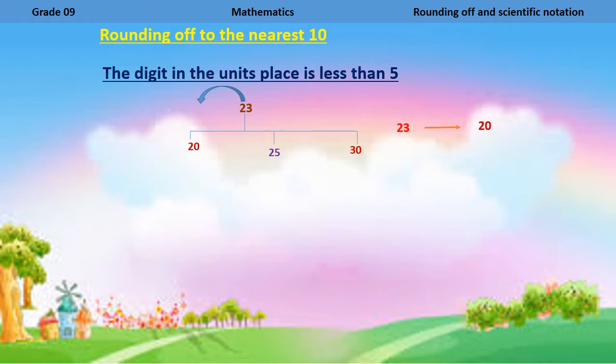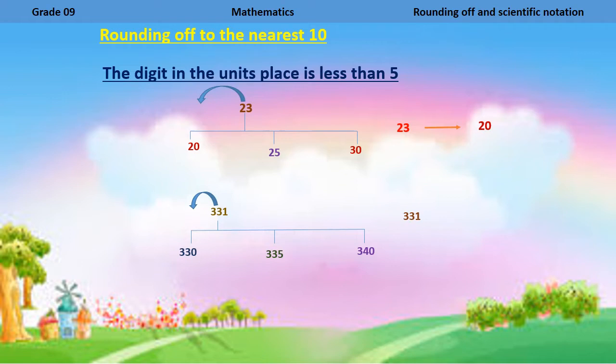Look at another example, 331. Here, the digit in the units place is 1 and it's less than 5. And 331 is in between 330 and 340. Mid value is 335. So 331 is closer to 330.